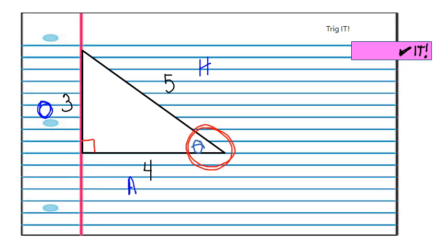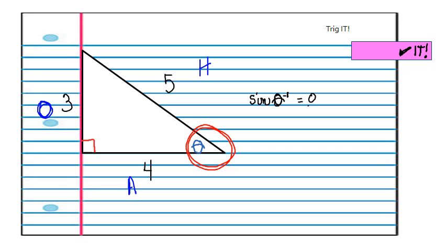We'll just start with the most basic. Let's just start with sine. We don't have an angle this time. That's what we're looking for. And because what we're doing is looking for an angle, we're going to use that little inverse button.